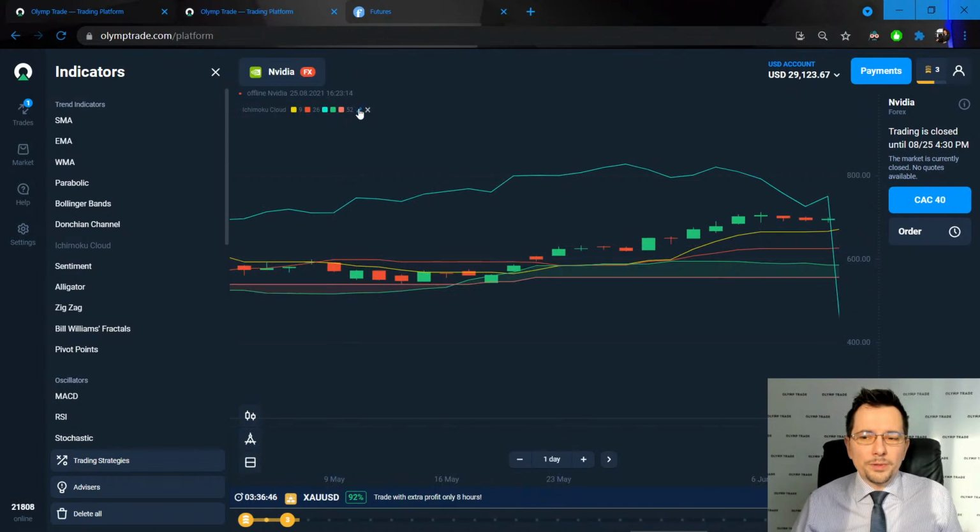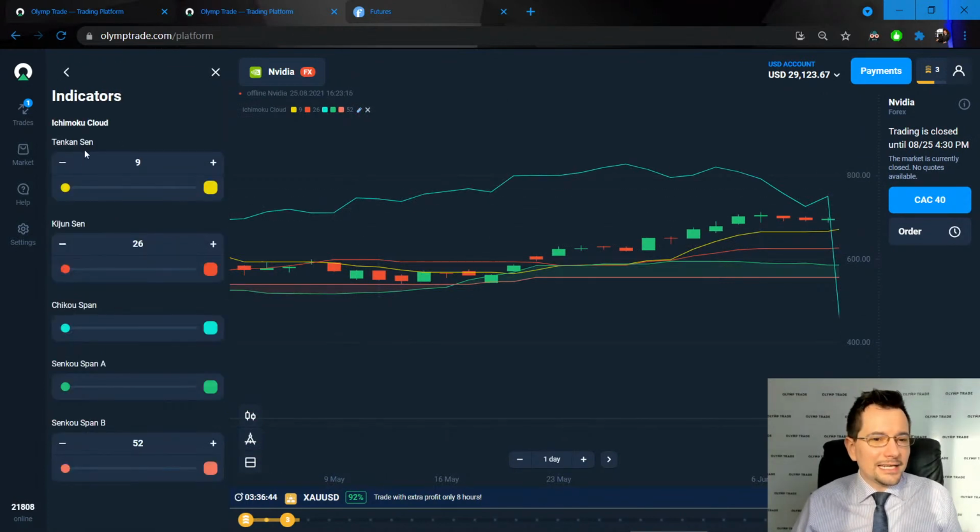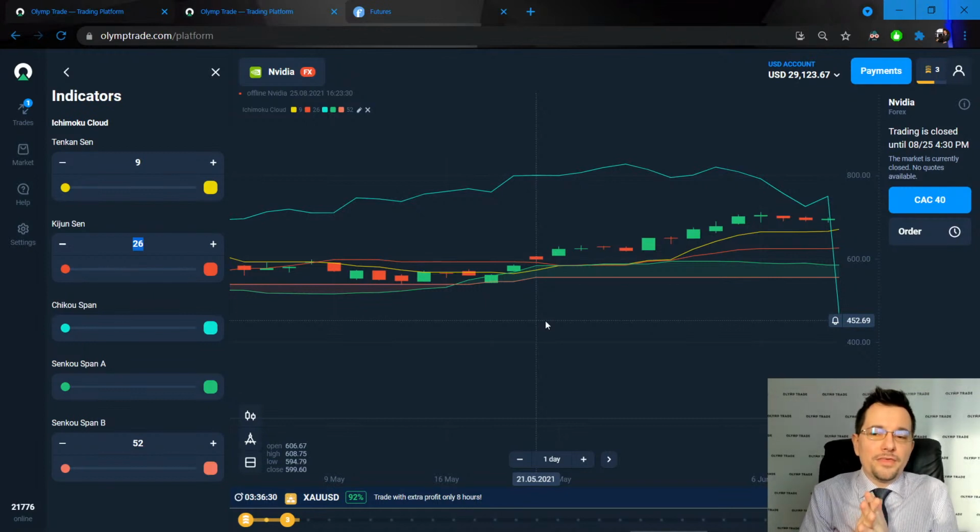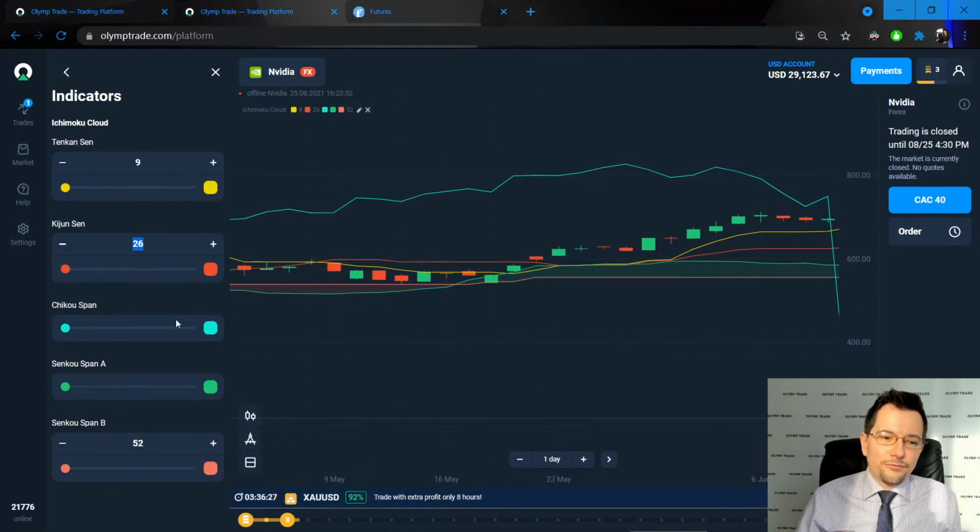So we're going to open up the parameters, and the Tenkan San is basically a quick moving average. So yellow, just remember in your head, that yellow is a fast moving average. Then we have the Kijun San, which is a slower period moving average. Then we have the Chikou Span and Senkou Span, which are like a forward guided, very quick moving average.